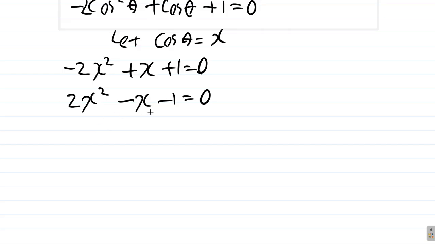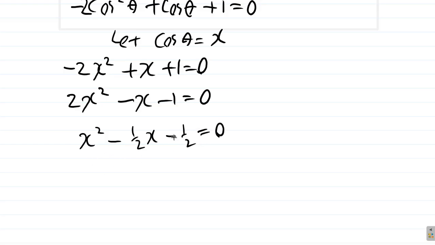You're going to have half of everything first, because you want a 1x squared, not a 2x squared. So you half everything. Half of 2 is 1. So you have x squared minus half x minus half equals 0.